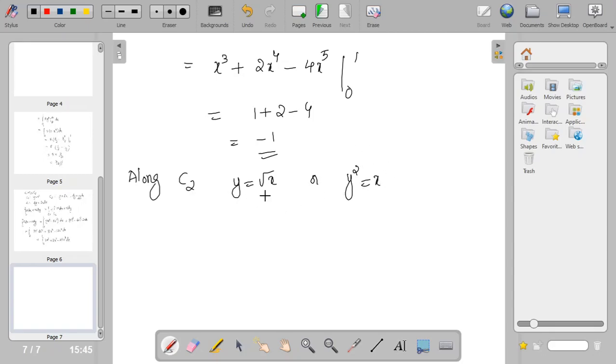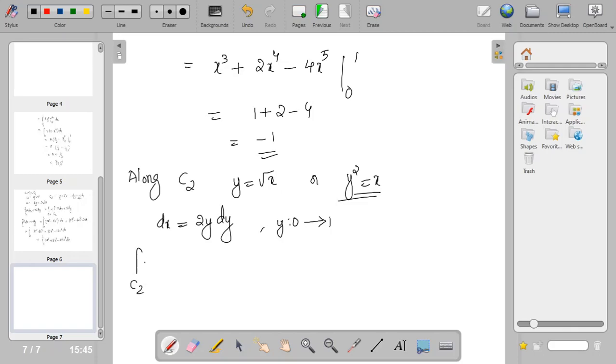So let us do it using this one. So dx will be equal to 2y dy. Avoiding the 1 by 2 power will be easier. So dx will be equal to 2y dy, and again y will vary from 0 to 1.